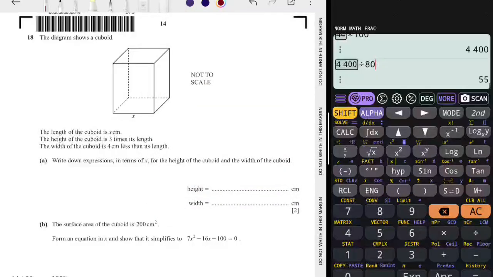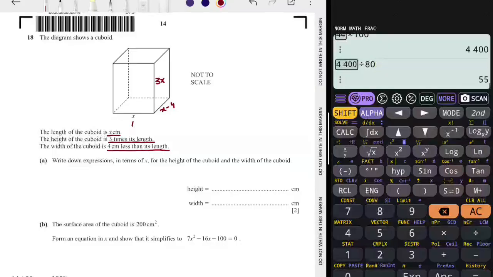The length of a cuboid is x centimeters and the height of the cuboid is 3 times its length. The width of the cuboid is 4 centimeters less than its length. First of all we have to write all the given information. The height is 3 times the length and the width is x minus 4.